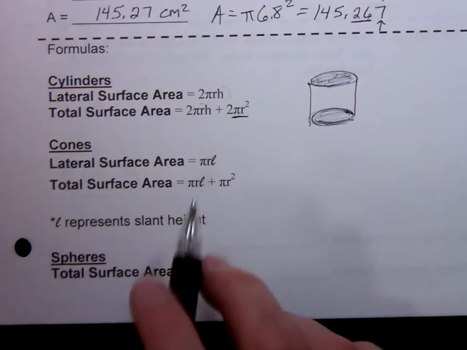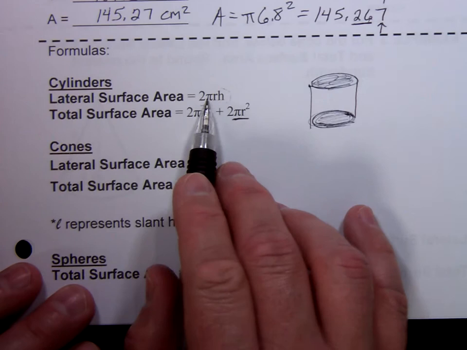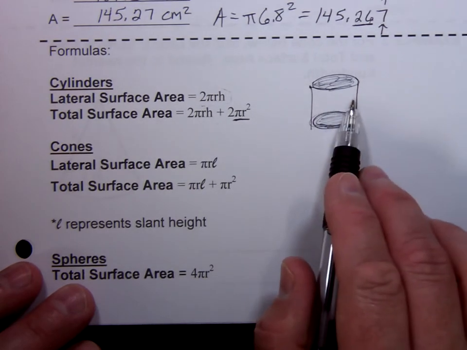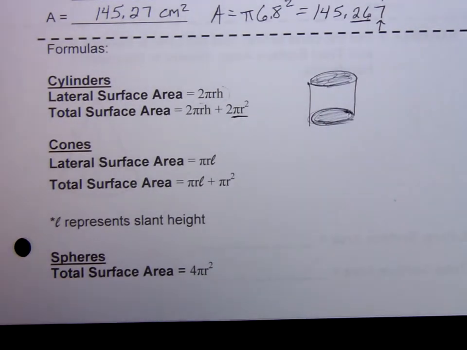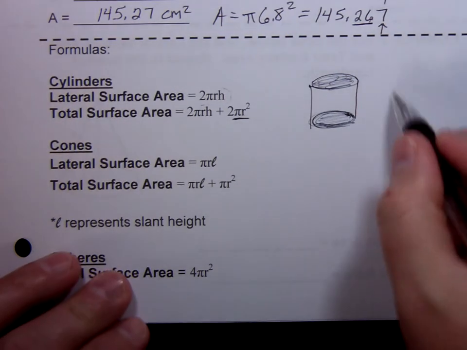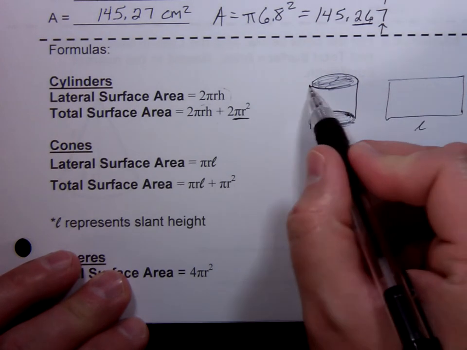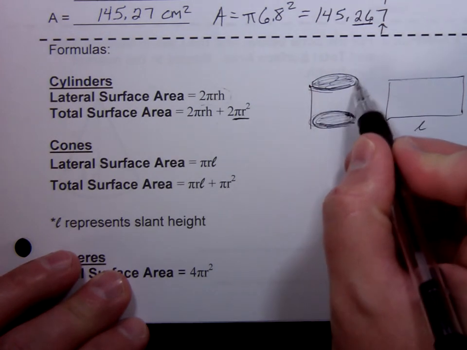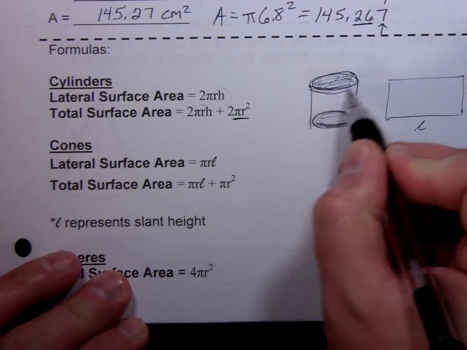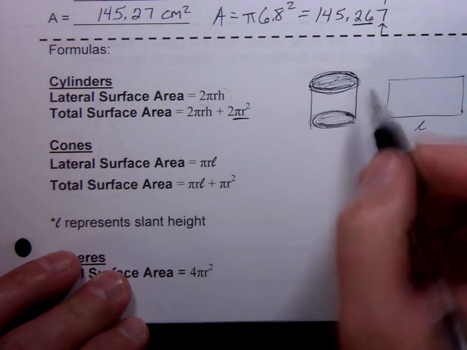Also, something else that you might recognize as far as the area of the rectangle going around the side, think about peeling a label off of a can. It's actually just a rectangle. Well, when we do rectangles, we do length times width. Think about the length of that rectangle. It's got to go around this 1 time. Well, that's the circumference of the circle.